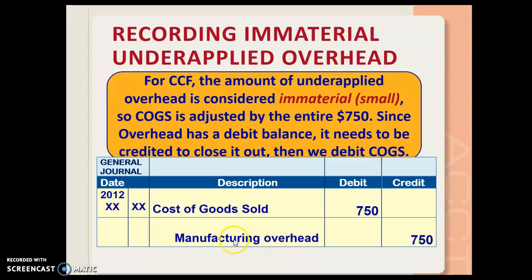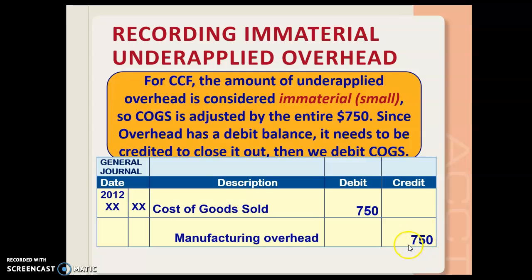So here we needed to credit overhead $750 so that the balance would end up zero. Remember, the debit footing was 102,000. The credit footing was 101,250. So to bring up the credit footing so they're the same and the balance will be zero, I need to credit overhead.